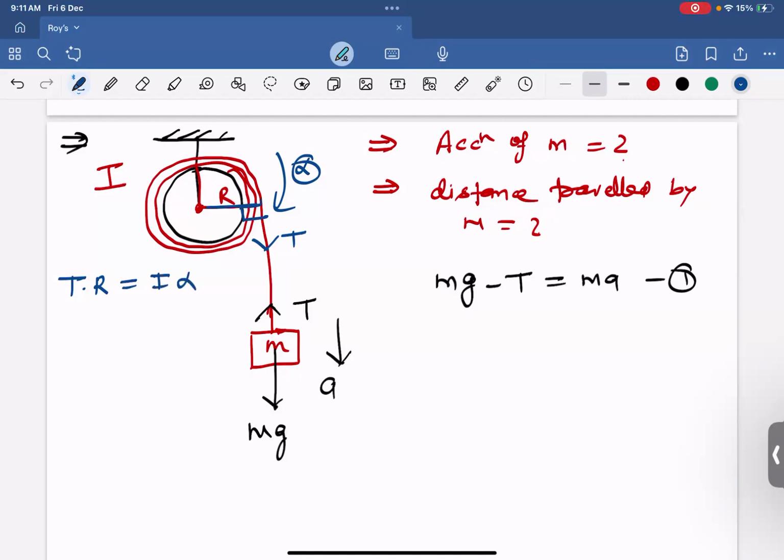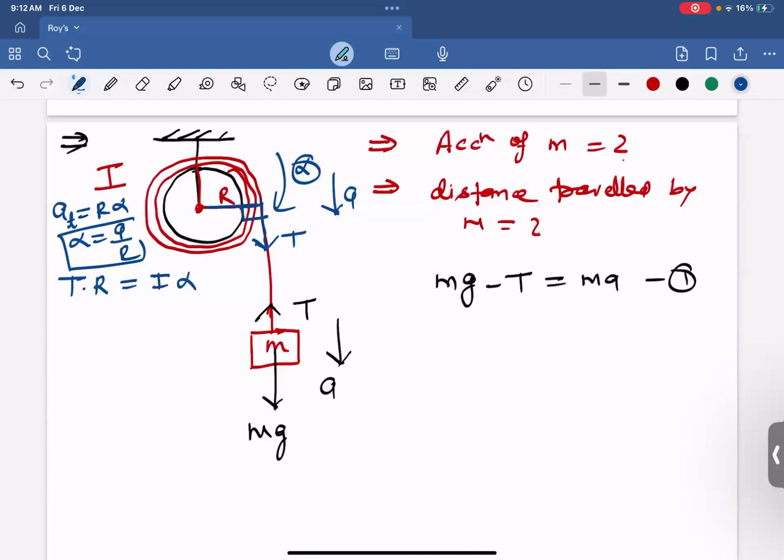This is tangential acceleration that I have taken, alpha, and tangential acceleration always you can write as R alpha. So in place of alpha, I can use a by R, because the acceleration downward I have taken a, and this is tangential only.